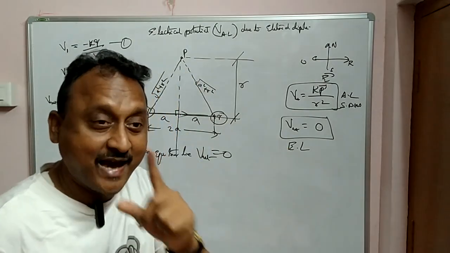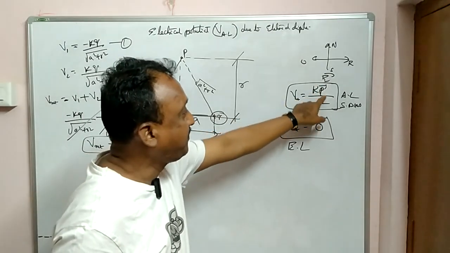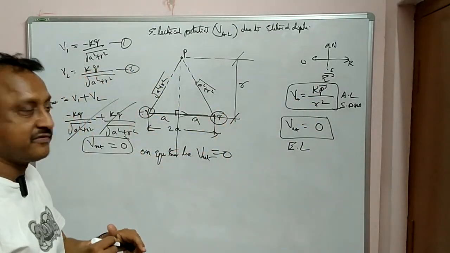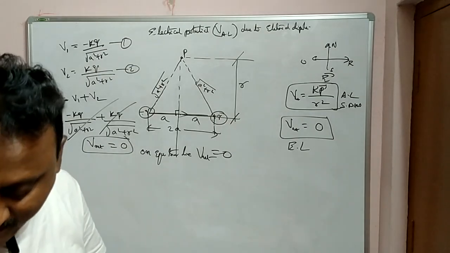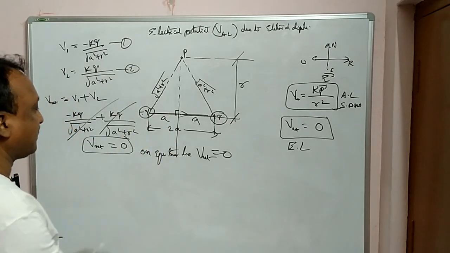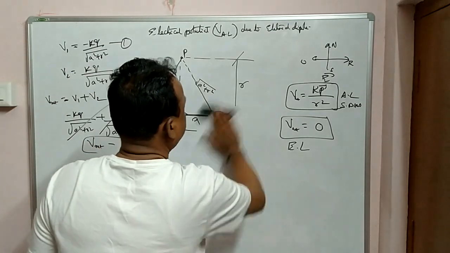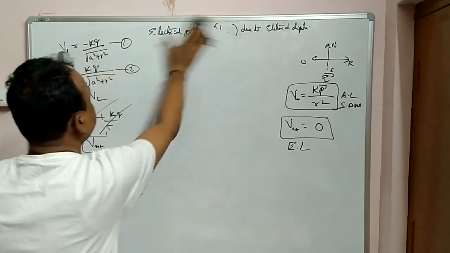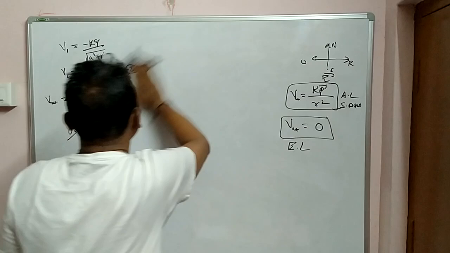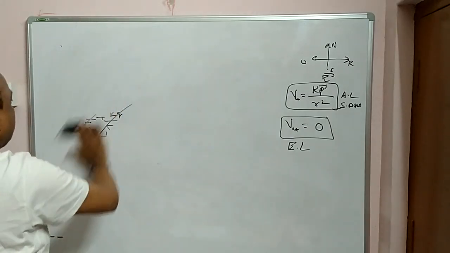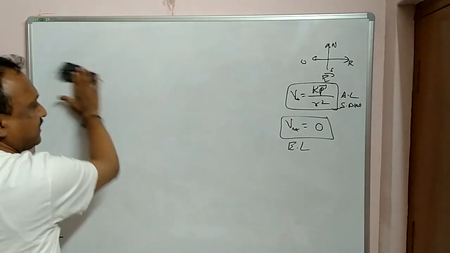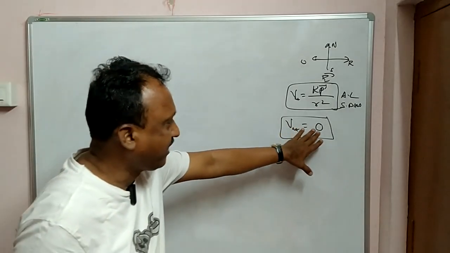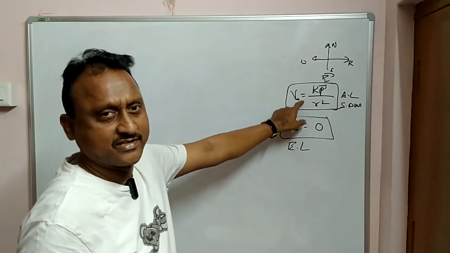But we will have on the axial line the value KP by R square, for a long dipole KP by R square minus A square, but for a short one you take KP by R square. Please note these things because these are very, very important for numericals in the NEET examination, especially, and also in MCET. Electrical potential due to the axial line and equatorial line, please make a note: on the perpendicular you don't have a value, only for the axial line you have.